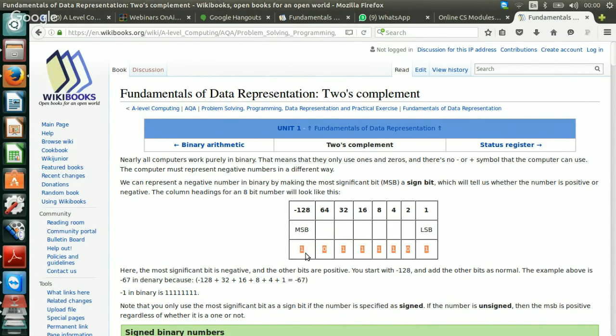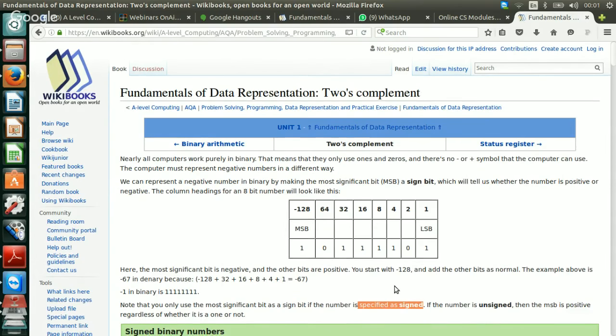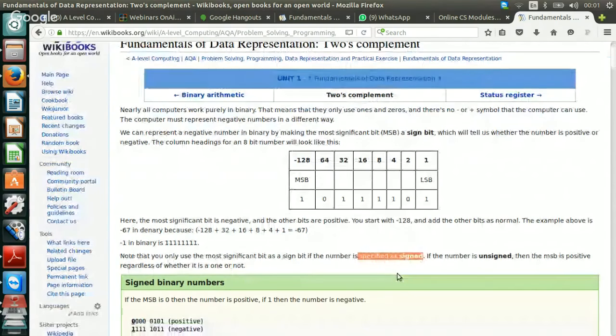Now, another practice: why have they mentioned this one as minus 128? Just like I've told you, if it is mentioned that this is a signed number, this whole number is a signed number. As soon as we have specified it as a signed number, you are going to look at this number as possibly negative.